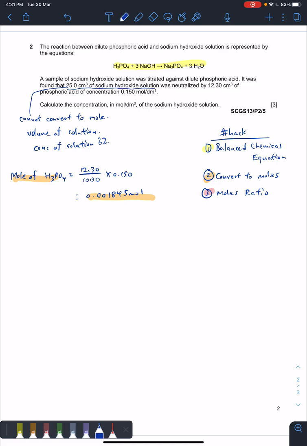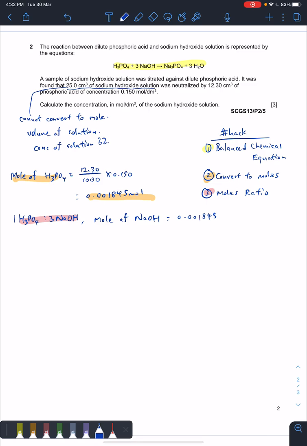Now we do the third step, ratio. So now they want you to find sodium hydroxide. So from there you can see 1 H3PO4 is to 3 NaOH. So mole of NaOH would be 0.001845 divide by 3 or times 3.